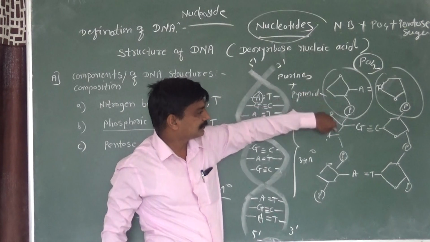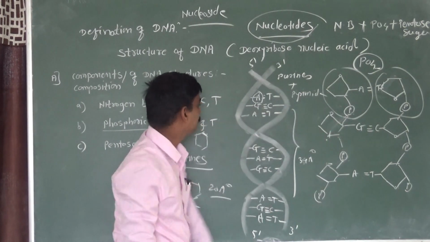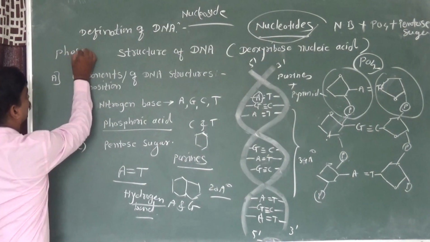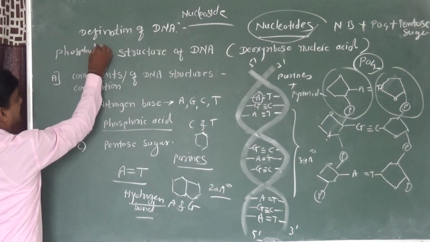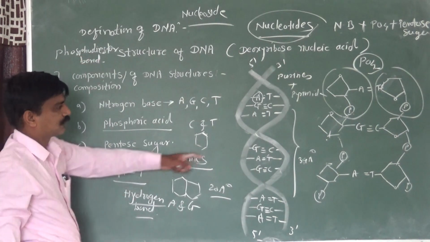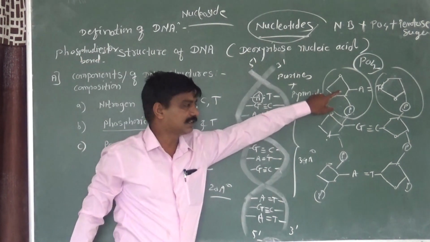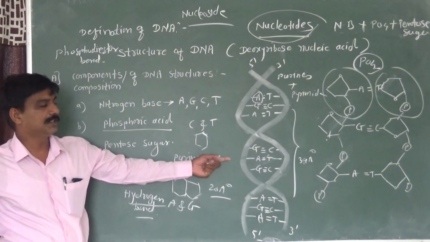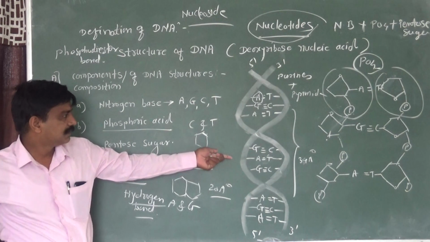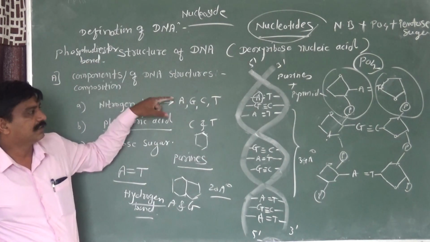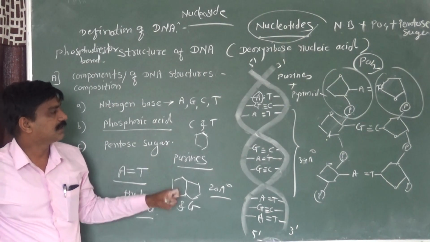Two nucleotides are bound by a phosphodiester bond. The phosphodiester bond connects one nucleotide to another, and a long chain of nucleotides is formed.